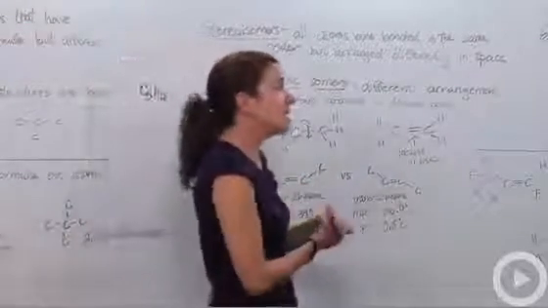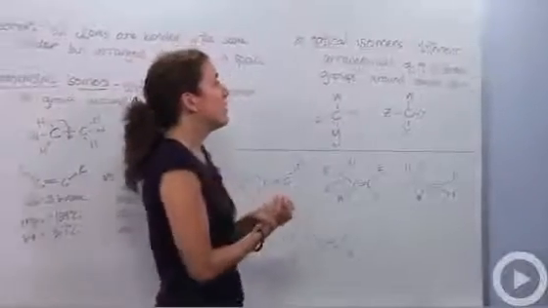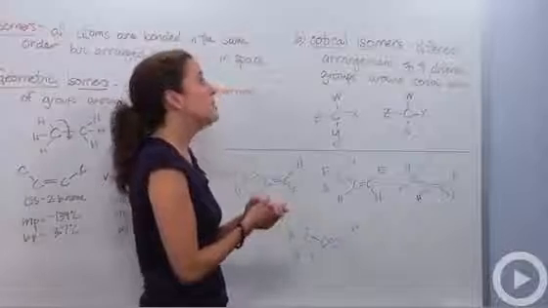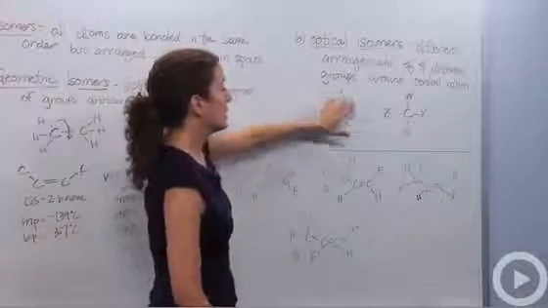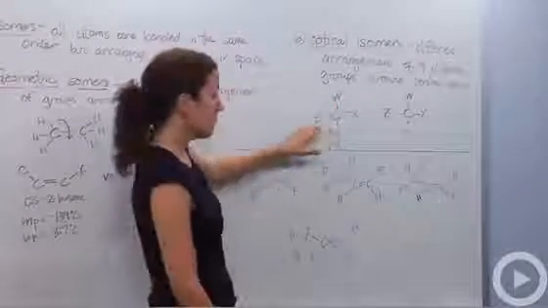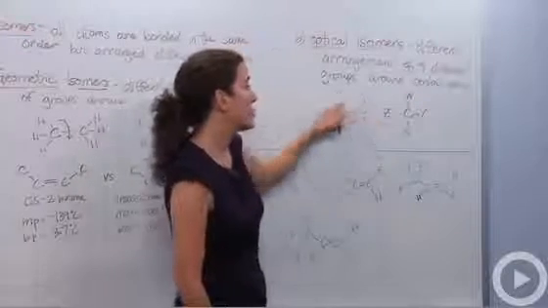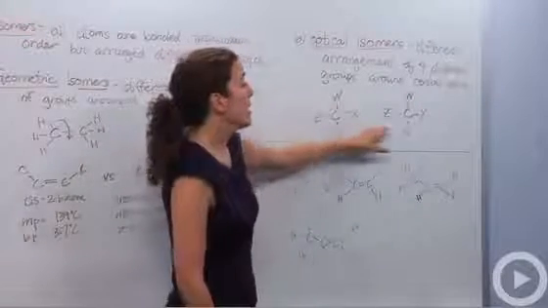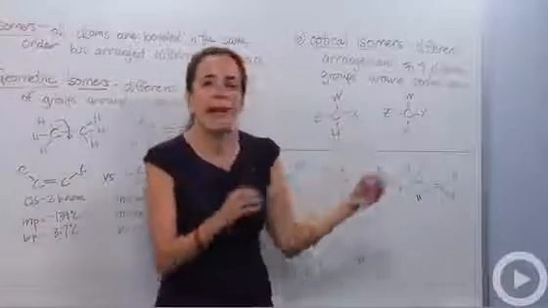Okay? Last type, and the most difficult probably to understand, are what we call optical isomers. This is a different arrangement of 4 different groups around the central carbon atom. So let's say we have this structure. We have this carbon and it's bonded to these different things around it. And it's the same things around it, however, they're arranged just differently around the carbon atom. These guys are the same thing, however, they can't ever be the same exact molecule.